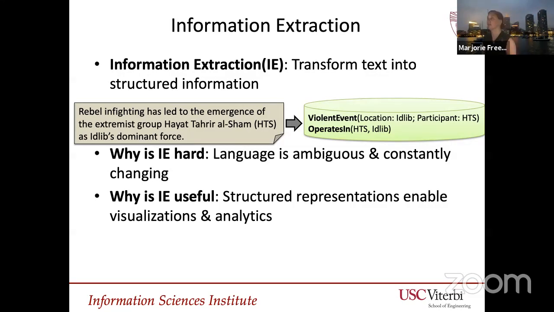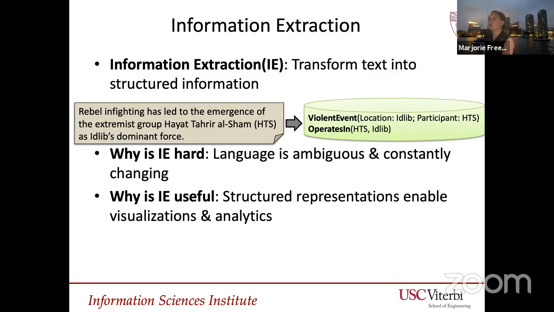I have an example here pulled from that type of work, where we have a sentence from a recent news document, and extracting that sentence includes a violent event. The location of that violent event is the region, Idlib, with this terrorist organization participating in it, and we've also observed that HTS operates in that region.